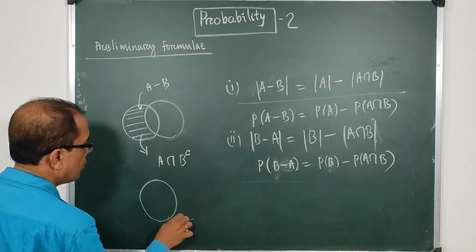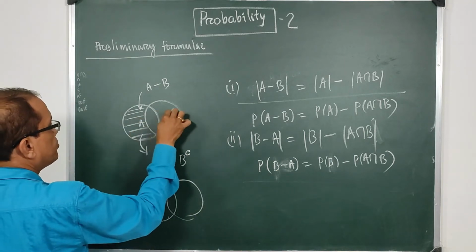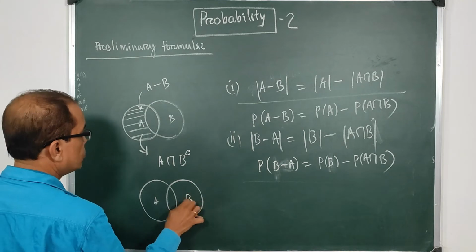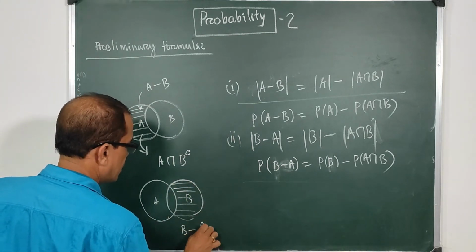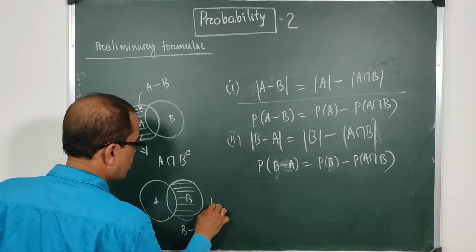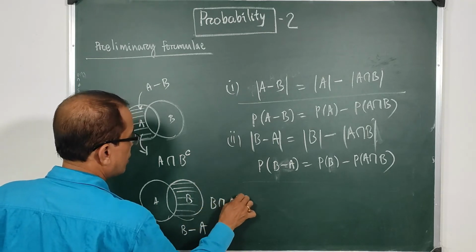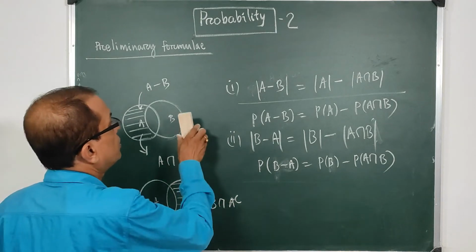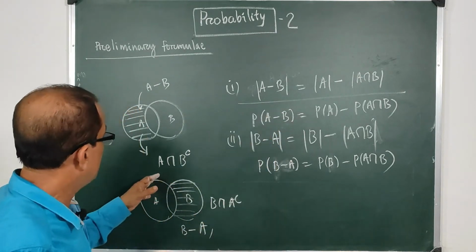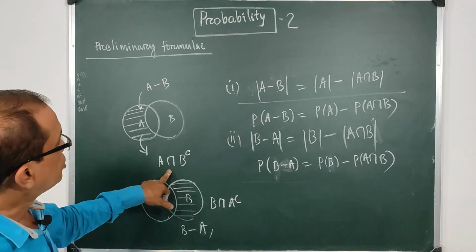Similarly, if you have A and B, this area will be B minus A, and side by side it is also B intersection AC. In your set theory class you are taught about this. So A minus B is otherwise A intersection BC.